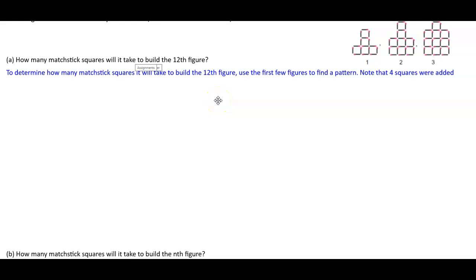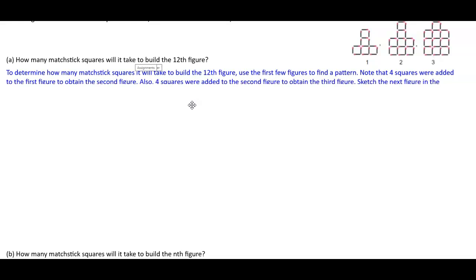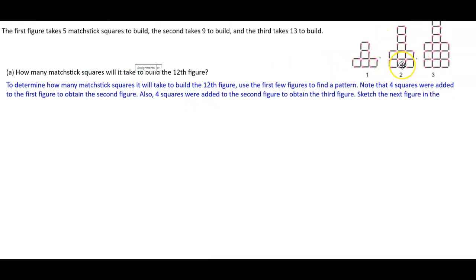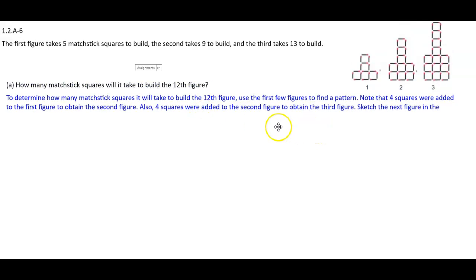Well, to determine how many matchstick squares it will take to build the 12th figure, we're going to use the first few figures to find a pattern. Now note that 4 squares were added to the first figure to obtain the second figure. Also, there were 4 squares added to the second figure to obtain the third figure.